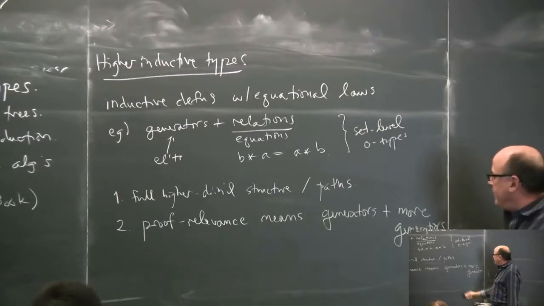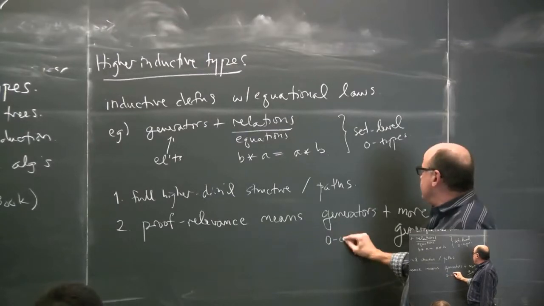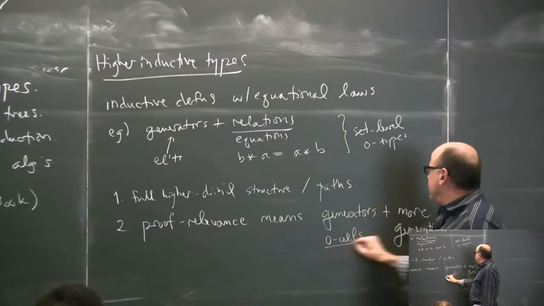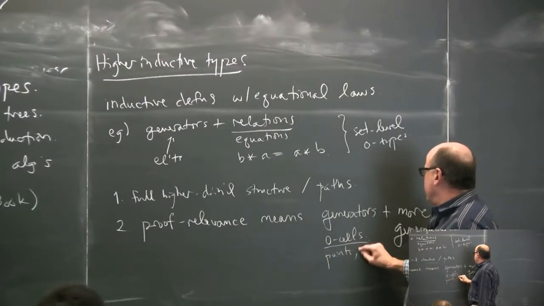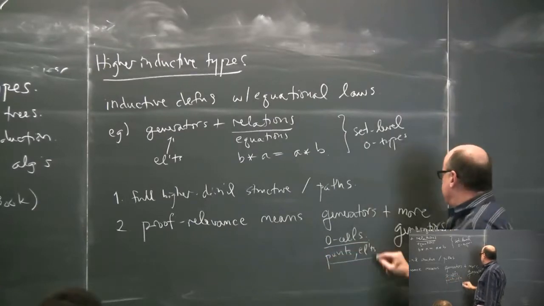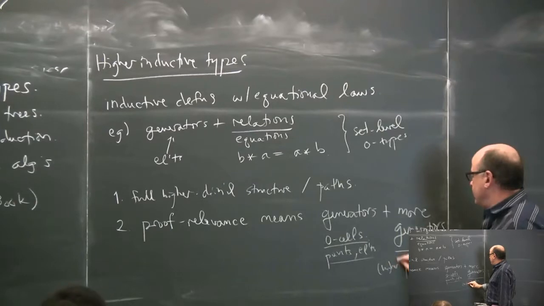And what do we mean by that? Well, these generators would correspond to, for example, zero cells. That is, or we could call these the points or the elements or whatever term you would like to use, okay, of the type. And these are going to correspond to paths. And I'll even emphasize, I'll say higher paths.